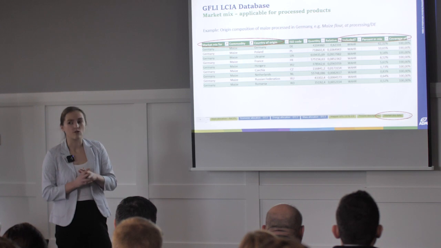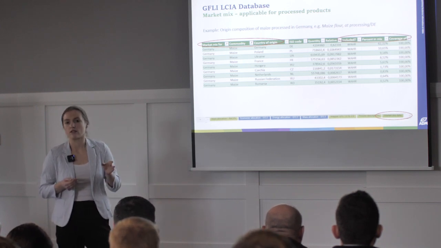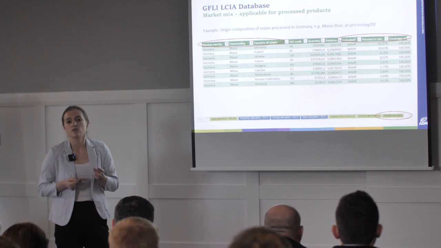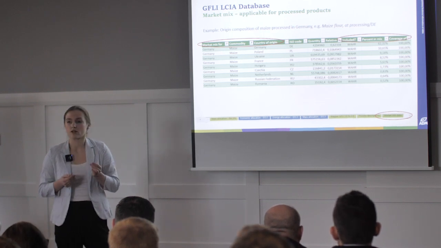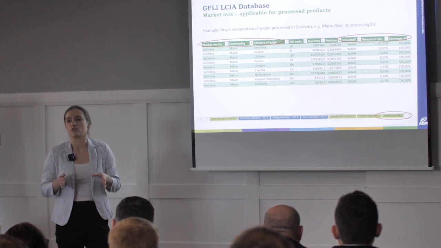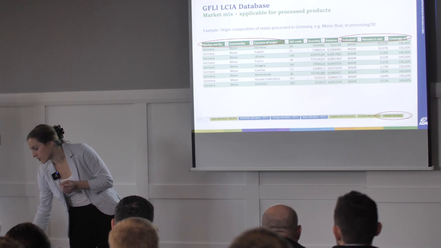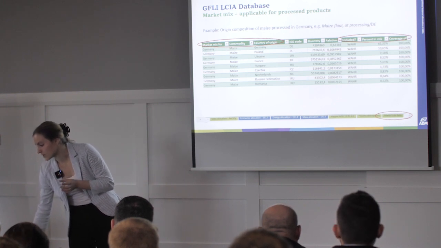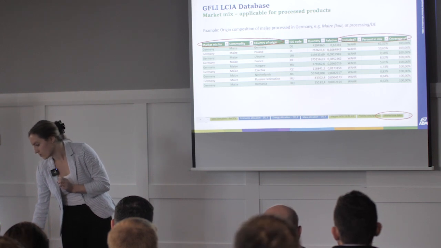So what is now new after the update is there's a separate tab where you can look up all the market mixes. So you can see for every crop, every processed product, what the origin composition is. So here, for maize in Germany, you filter out the country and the crop.